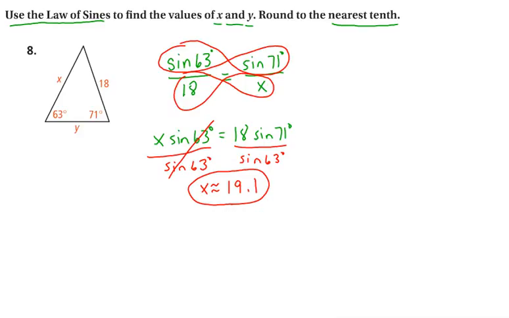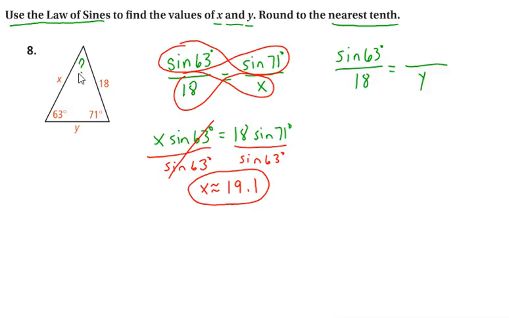Okay, now we're going to need to solve for y, right here. Now, to solve for y, I can use the same first part of my proportion, this same ratio here, sine of 63 over 18. But for this part, if I'm looking for y, I have to know this angle measure right here.